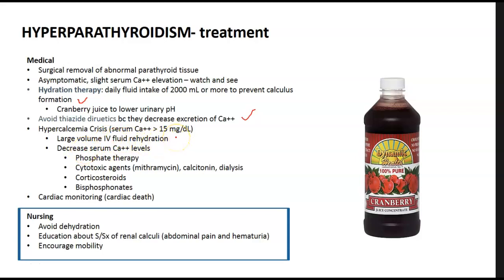If somebody's in a crisis, to help get those levels lower, remember that phosphate does the opposite, so you can give a patient phosphate therapy. Steroids can also help, and just with almost everything, monitor their heart. Avoid dehydration. Make sure you educate your patients about renal stones and encourage mobility.